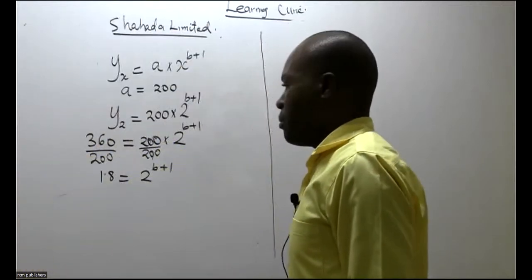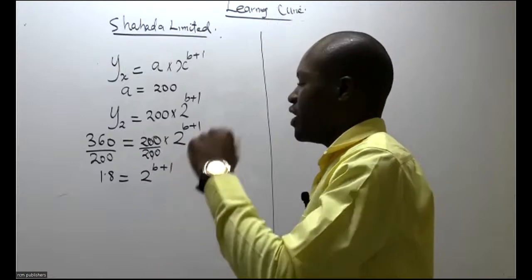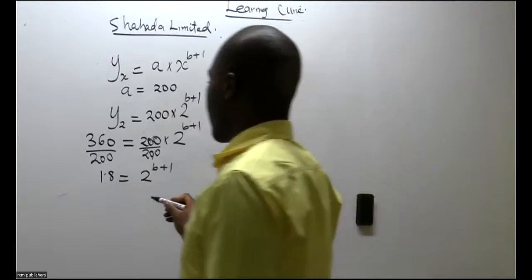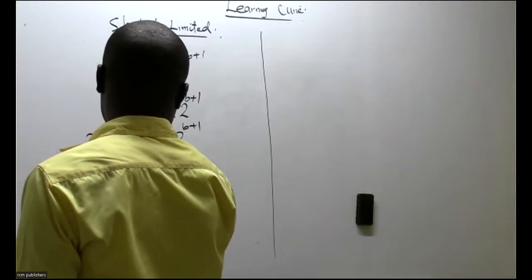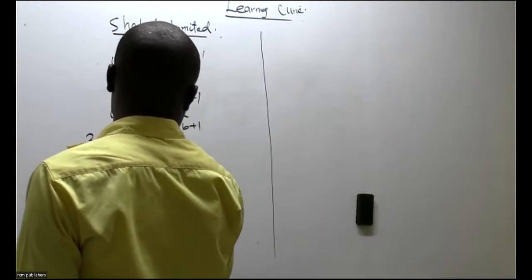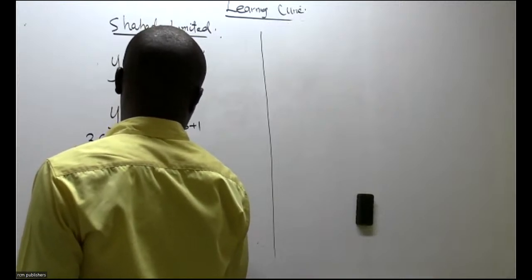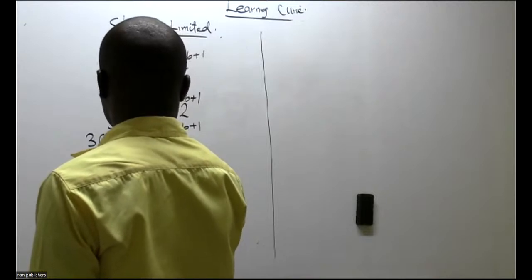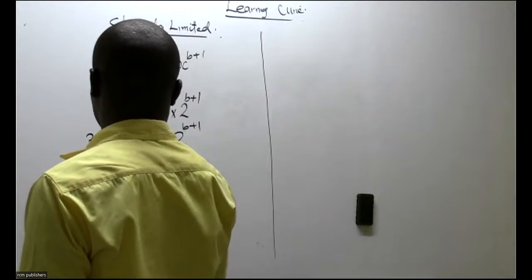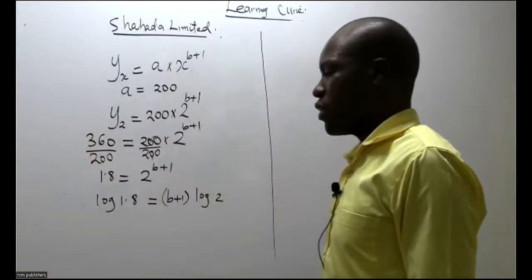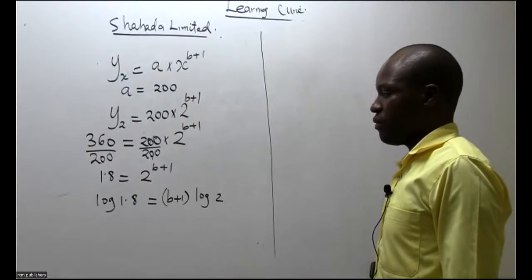So what do I need to do? For me to work out this one in a simple way, introduce log. So B plus 1 log 2 is equivalent to log 1.8.